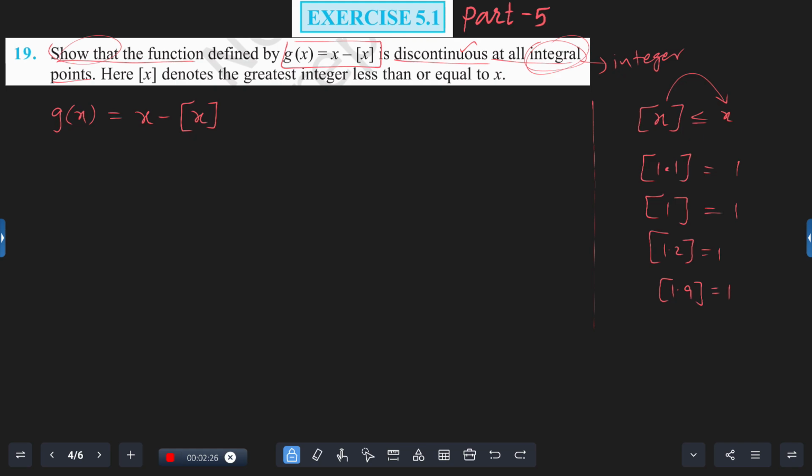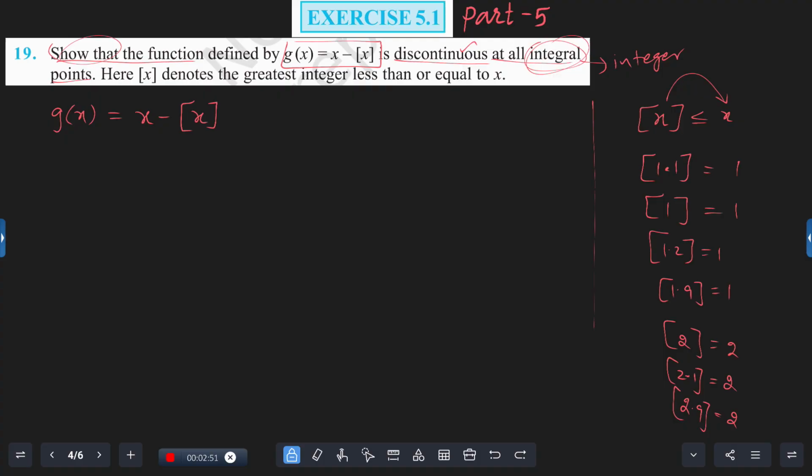If I take 2, the answer is 2. So 2.1 gives 2 again, and it goes on till 2.9, the answer must be 2, like that.